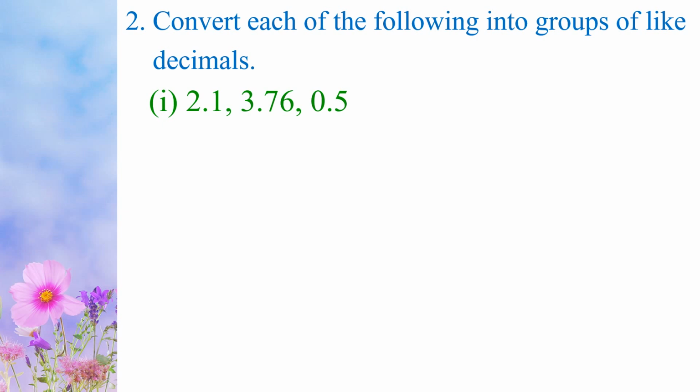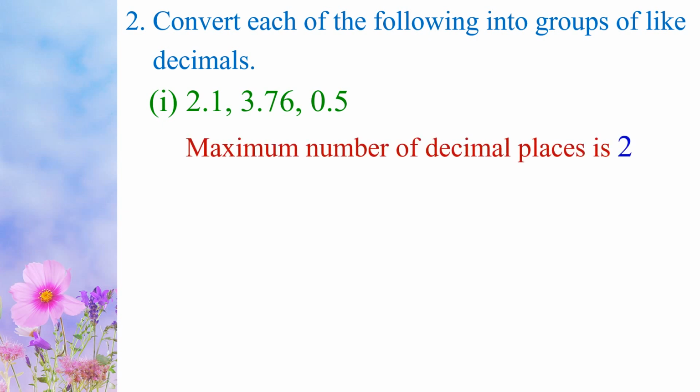First, let's find the maximum number of decimal places in the decimals. Here the maximum number of decimal places is 2. Now convert unlike decimals into like decimals by adding 0 to the extreme right.